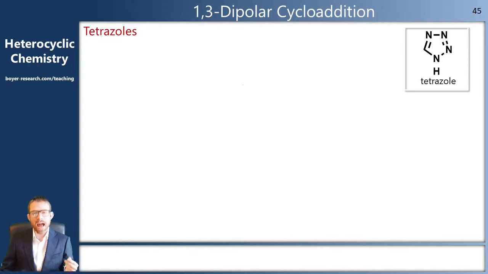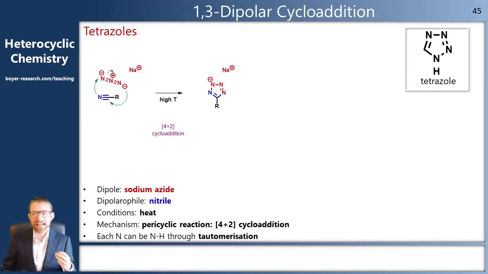If we want to add an extra nitrogen in our ring and make a tetrazole, well, then we can use the azide again. That's going to give us 3 of the nitrogens. But now we need an extra nitrogen, so instead of an alkyne, we're going to have a nitrile. We draw the exact same mechanism, the negative charge coming in from the nitrogen, attacking the pi system in the nitrile, and then the nitrile going back and neutralizing the positive charge.